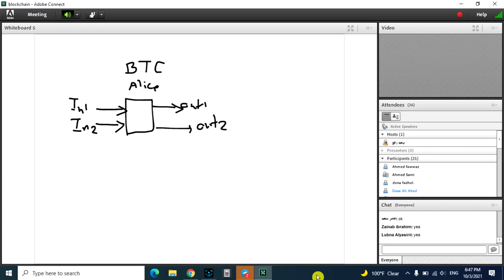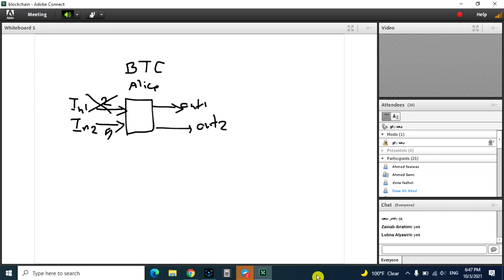Suppose that Alice receives, I don't know, 2 Bitcoin from one person by this transaction and 5 Bitcoins from another transaction. Okay. Now the balance is 7, but the balance is not kept.